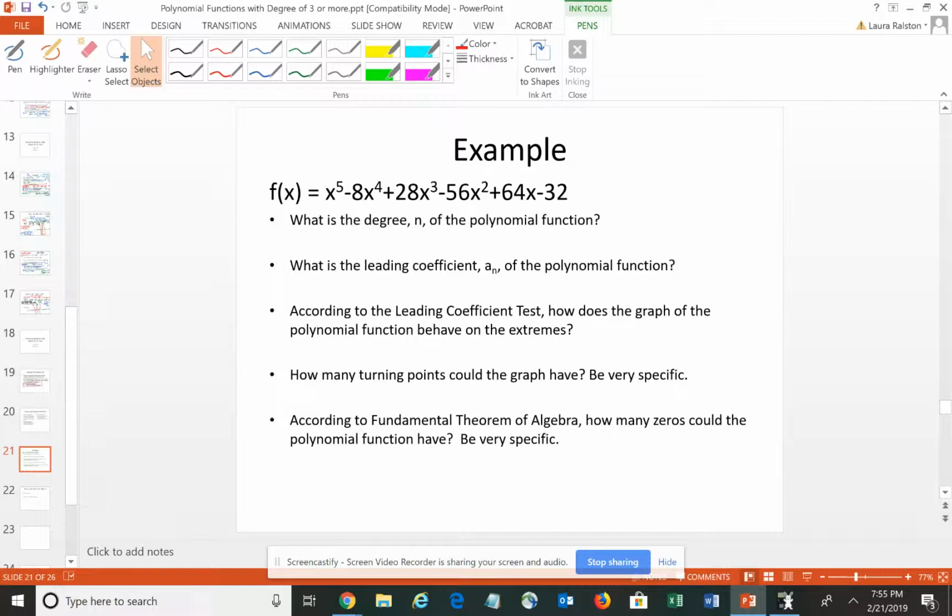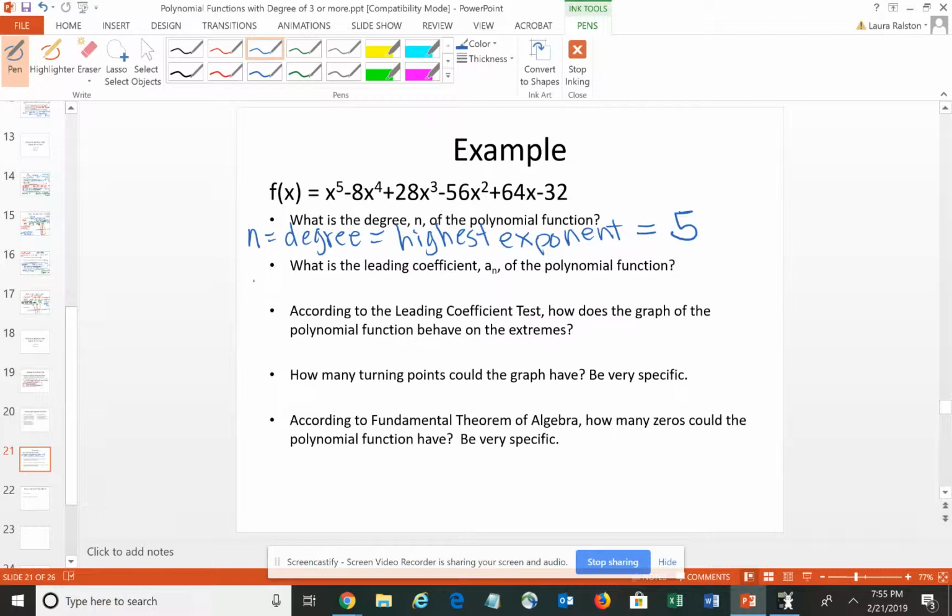A lot of the questions will look similar until we get to the point of finding the zeros, but we do start out, as we had before, looking at the degree. Again, just in case you've forgotten, the degree is represented by the letter n, and it corresponds to the highest exponent. And so in this case, that high exponent is a 5. So the degree is 5.